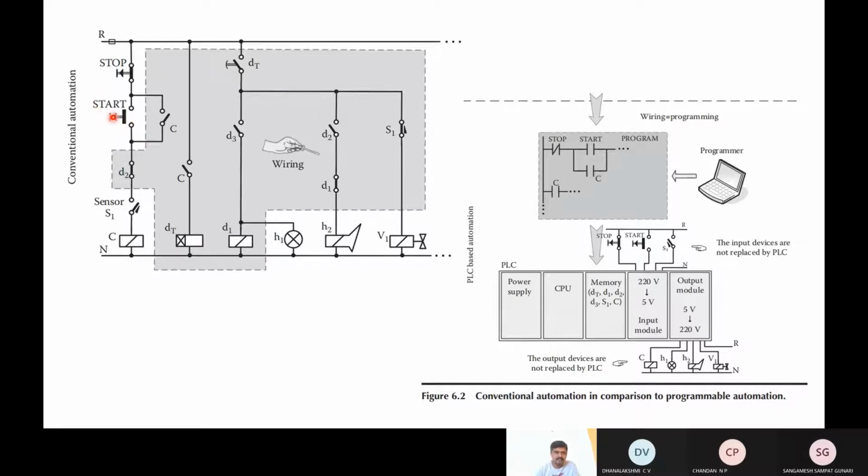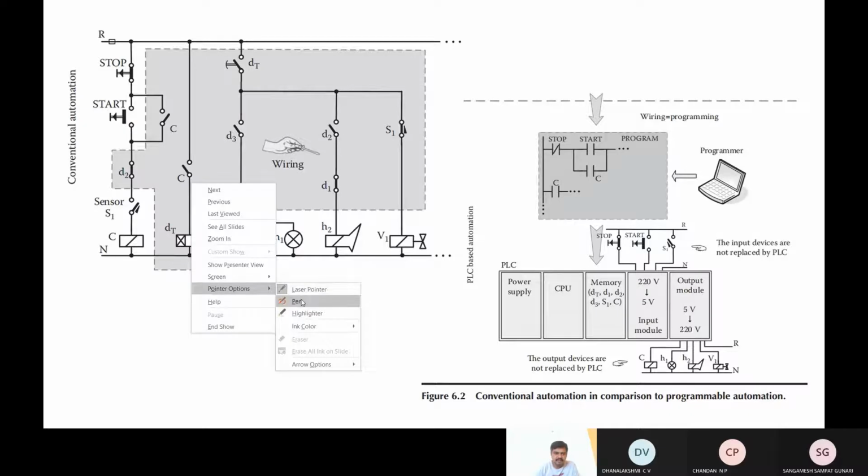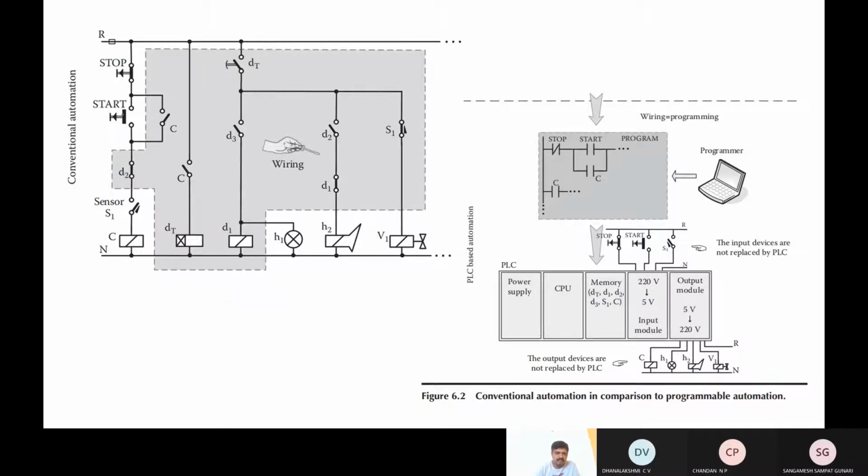When you press the start button, now this is open. If you press the start button, it will become closed. When you supply power from this line, since it is already closed, the electric signal will pass like this.